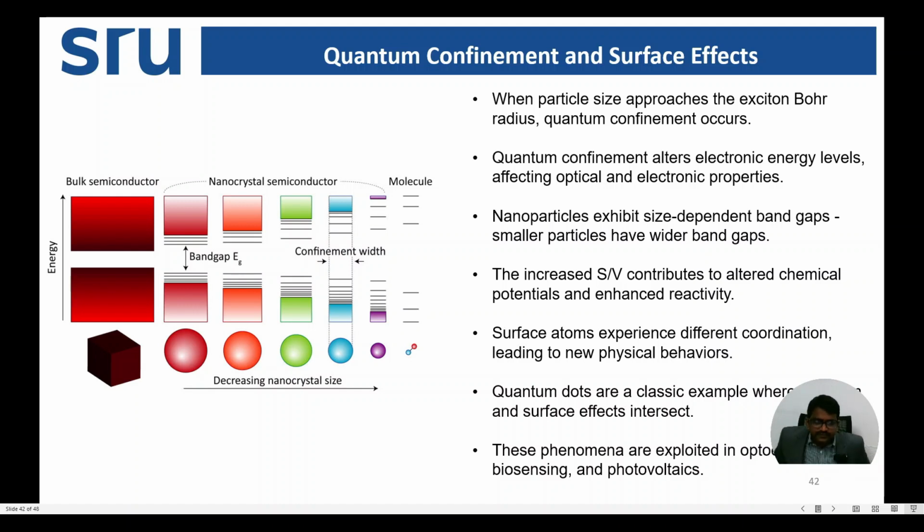Why? Because of this quantum confinement effect, what is majorly changing? The energy levels, the band gap, is altering. The cluster of energy levels is this energy band, right? Because of this effect, the band gap is altering.